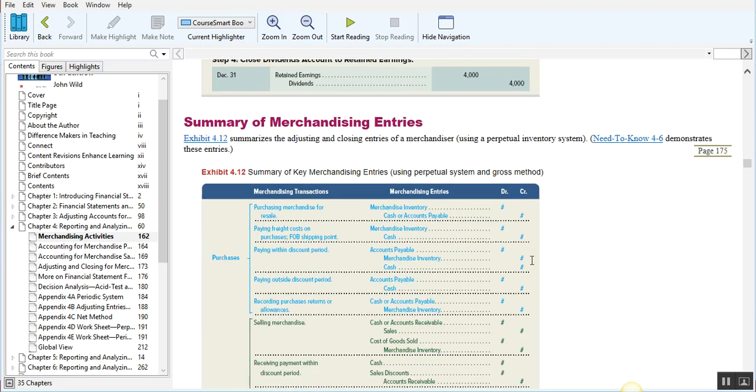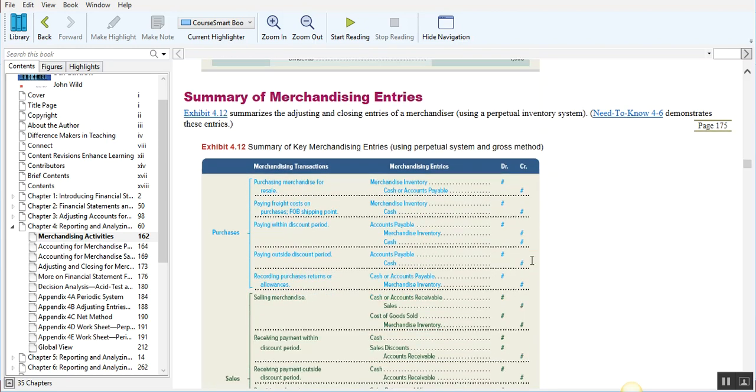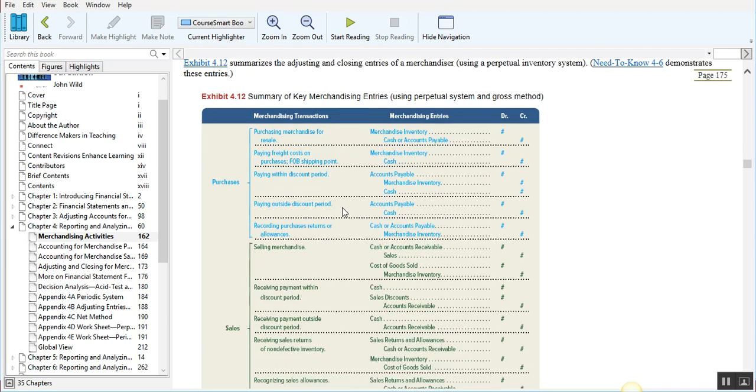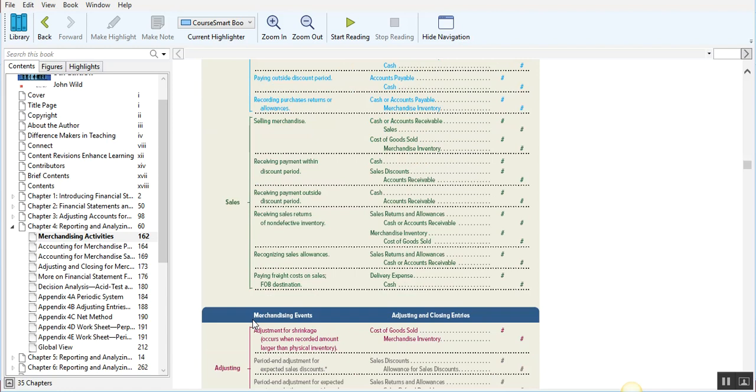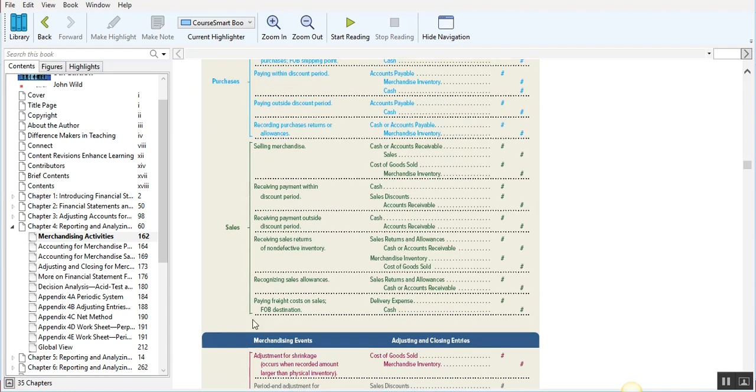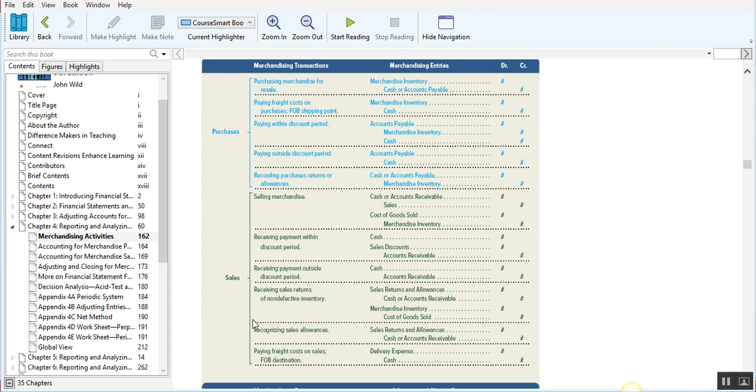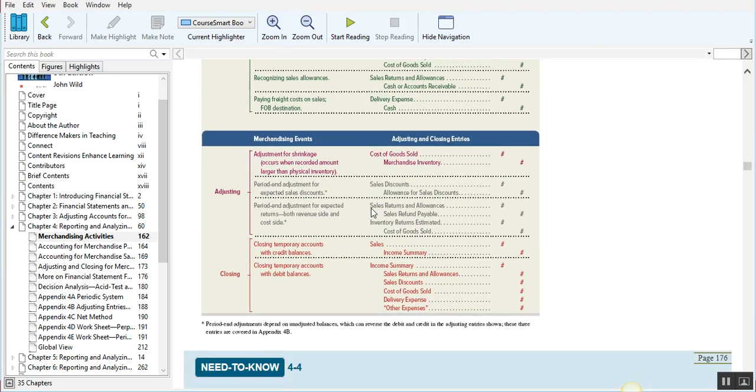So there's a good summary here of different transactions and entries. Right here at Exhibit 4-12, you'll see a number of these highlighted, but they show the merchandising transactions for purchases in blue. The sales are in green. And I would say, look at these, because many of these transactions they show here will repeat throughout the accounting cycle.